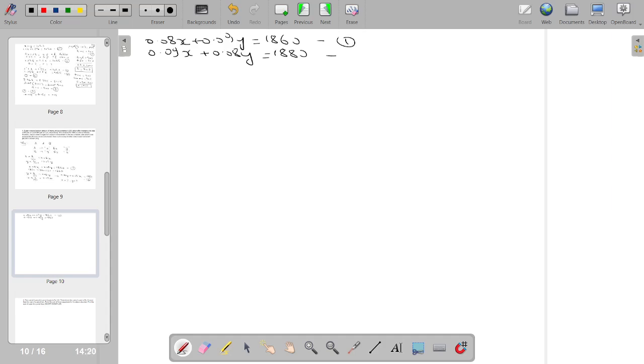These are equations 1 and 2. We have to solve these to find the values of the variables x and y.